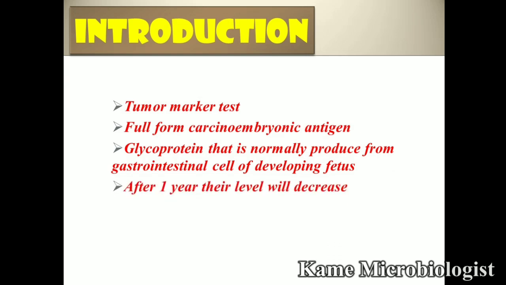This protein or antigen will decrease by the age of 1 year. So remember, when the CEA level gets high in the blood, it indicates malignancy, and you all know that malignancy is a tumor, and malignancy is cancer.